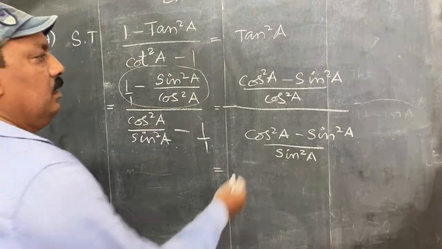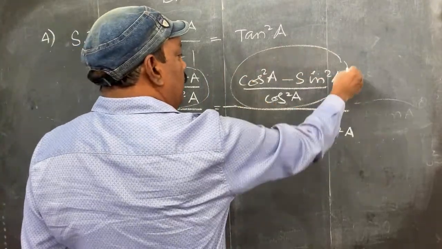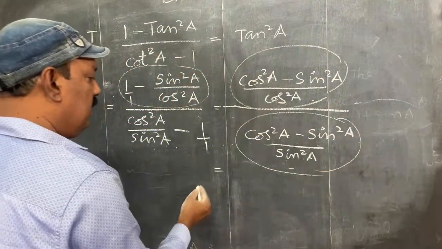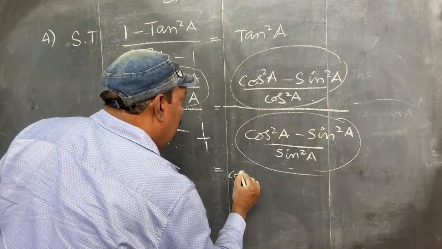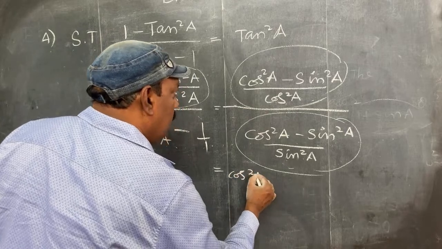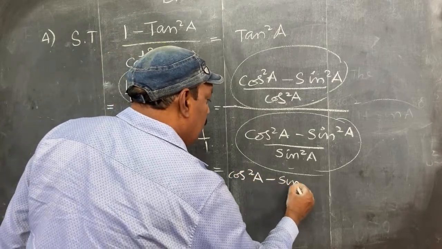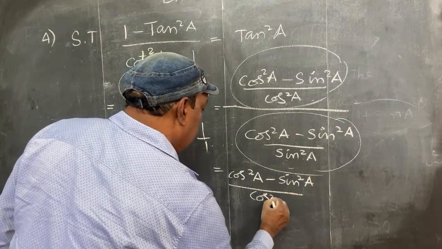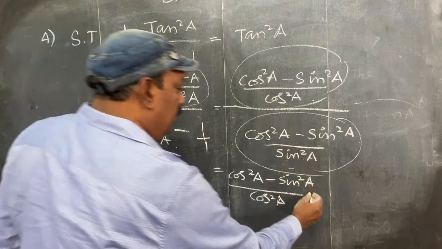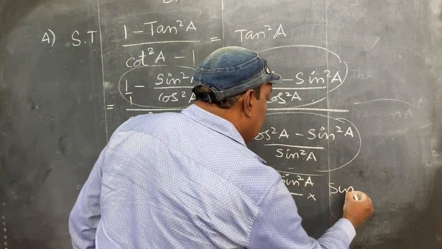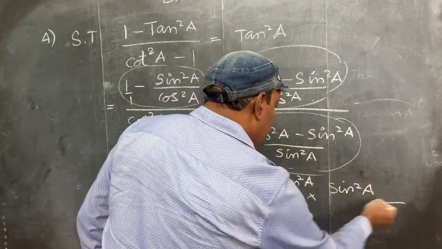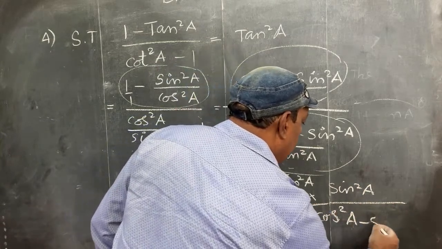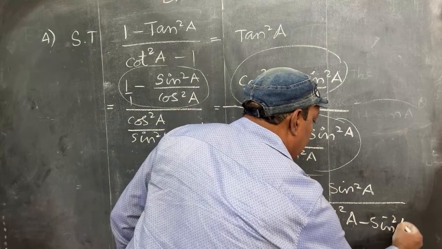The next step is, this total thing is the numerator, this total thing is the denominator. Now we will go for the reciprocal of this one. That means (cos square A minus sin square A) by cos square A will be multiplied by the reciprocal form, sin square A by (cos square A minus sin square A).